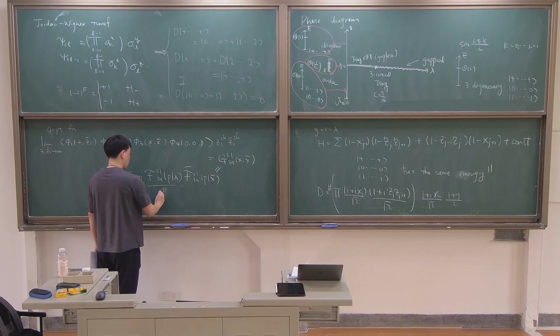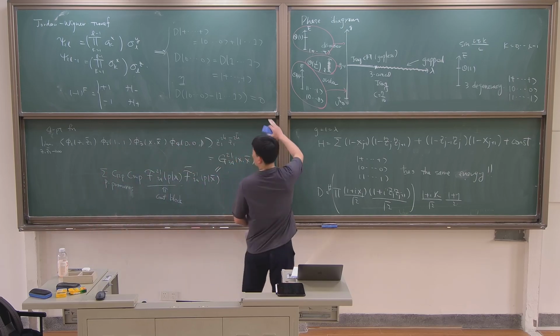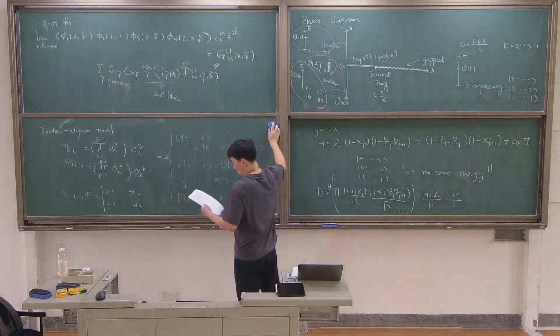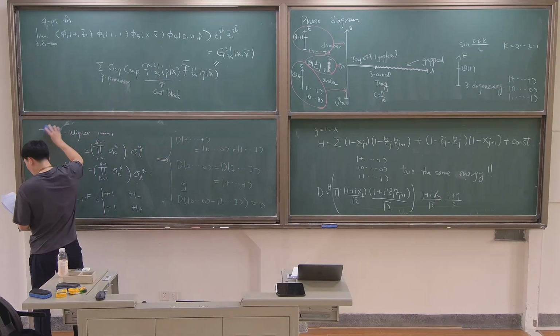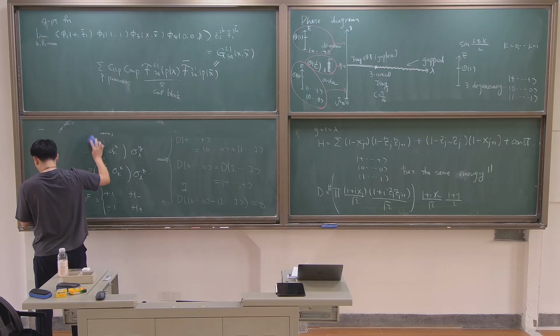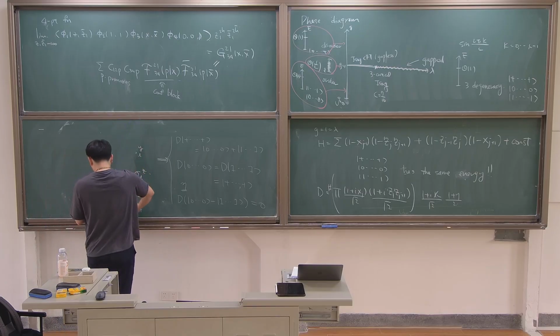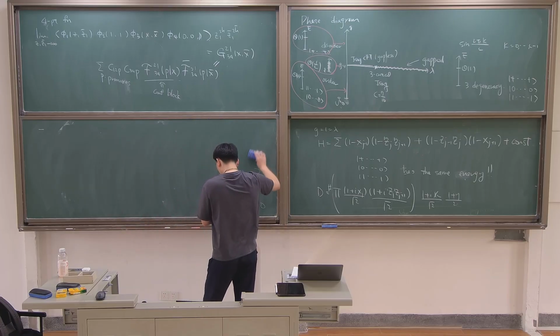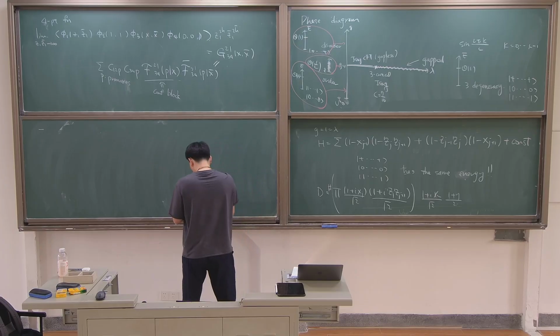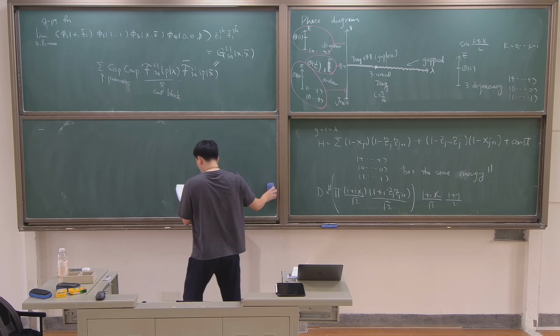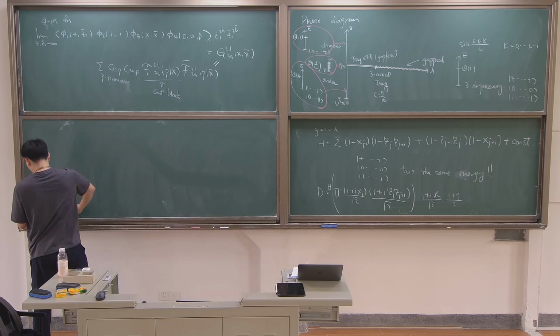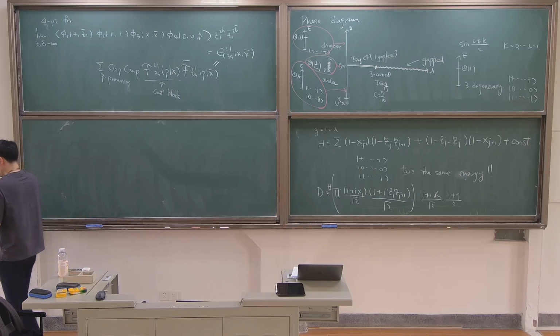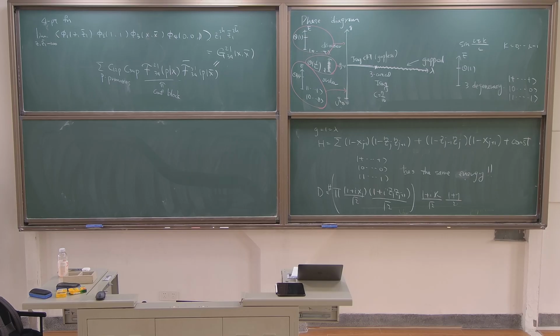And this is called the conformal block. How can this be obtained?